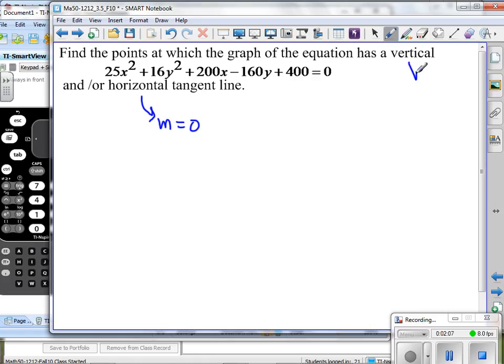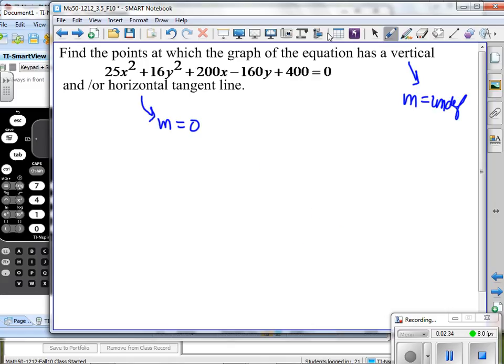If it's vertical, what do you know about the slope? And so I would then have to decide what would make the derivative undefined. Now, it could be that the derivative is going to be a fraction. If it's a fraction, it's undefined when the denominator is 0, so I would look for making the denominator 0.